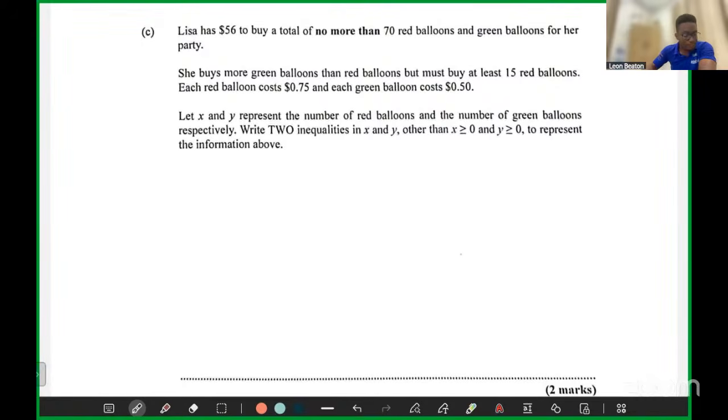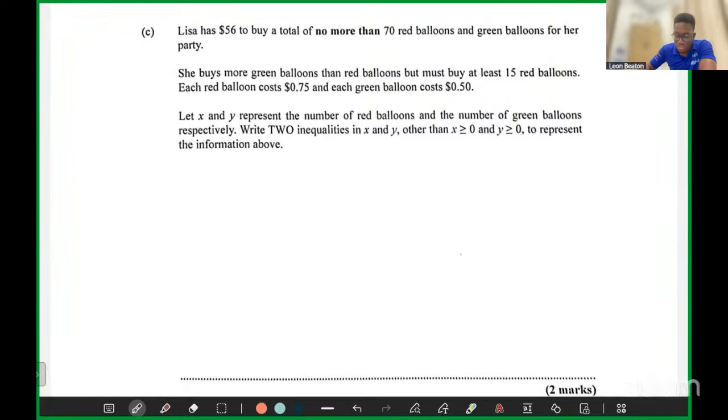This one says, Lisa has $56 to buy a total of no more than 70 red balloons and green balloons for her party. She buys more green balloons than red balloons, but must buy at least 15 red balloons.